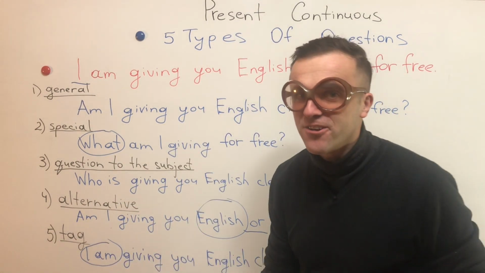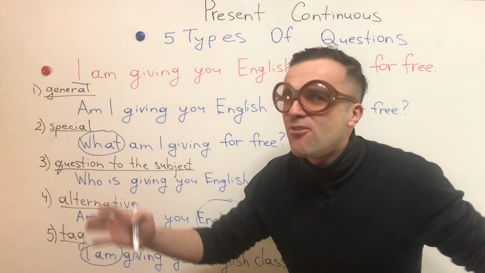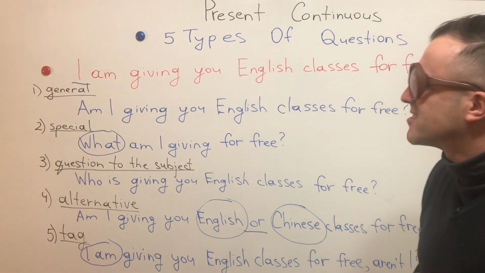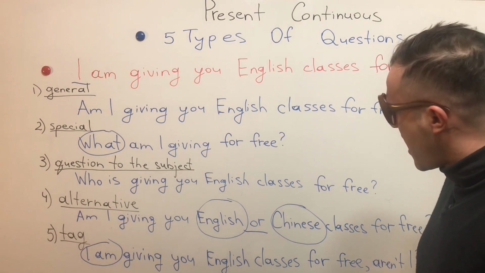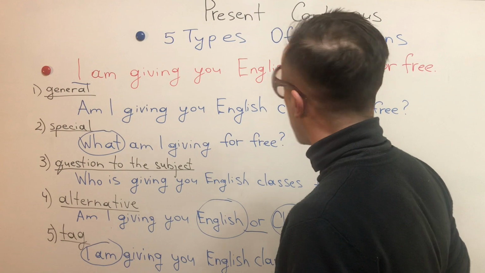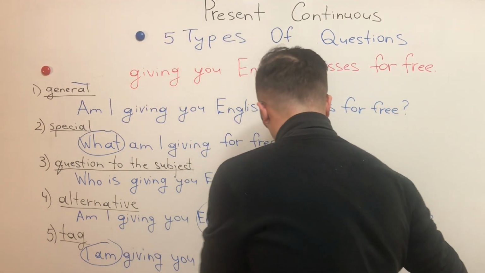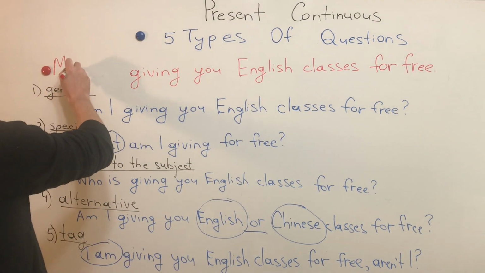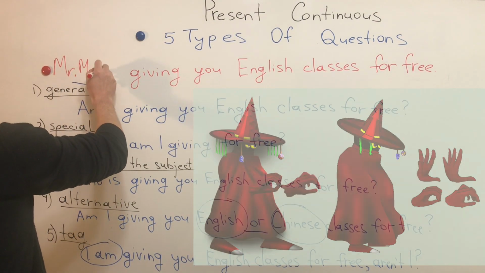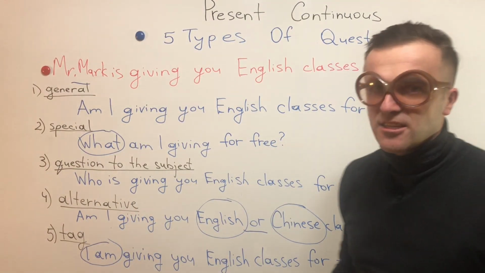So homework for you guys. Yes, I knew that you dreamt about the homework for the next time. So now I'll erase this I am giving you English classes for free, and I'll put here Mr. Mark is giving English classes for free.